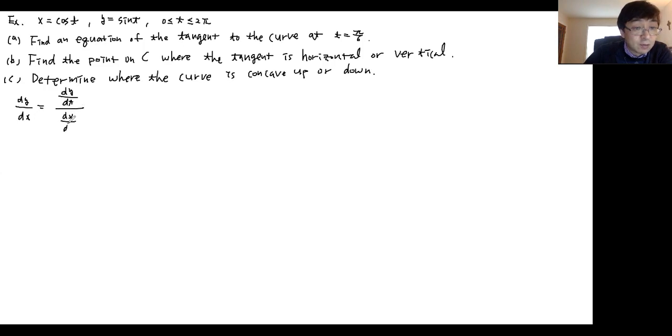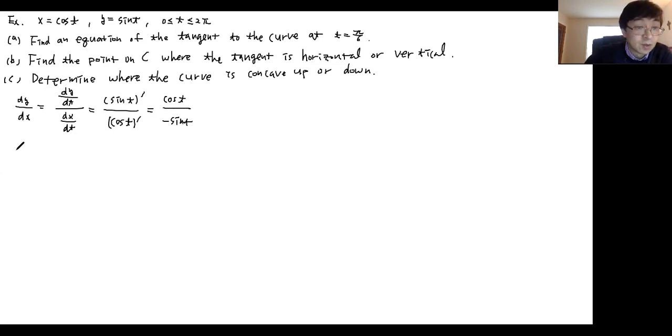What is dy over dt? dy over dt is y prime. y equals sine of t, so we have sine of t prime over dx over dt, which is x prime, cosine of t prime. The derivative of sine of t is cosine of t. The derivative of cosine of t is negative sine of t. You can find dy over dx.